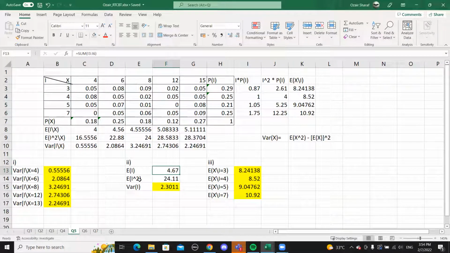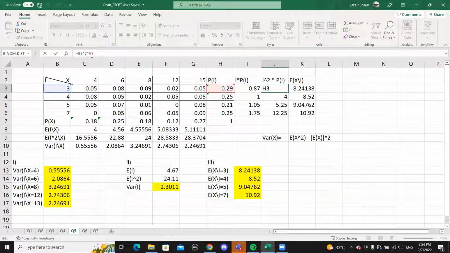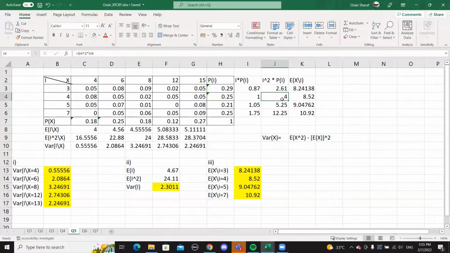And to find the expectation of I squared, simply square the I value. So 3 squared multiplied by the probability of I equals 3 will get you 2.61. And this one will be 4 squared multiplied by the probability of I equals 4, which gives you 4.